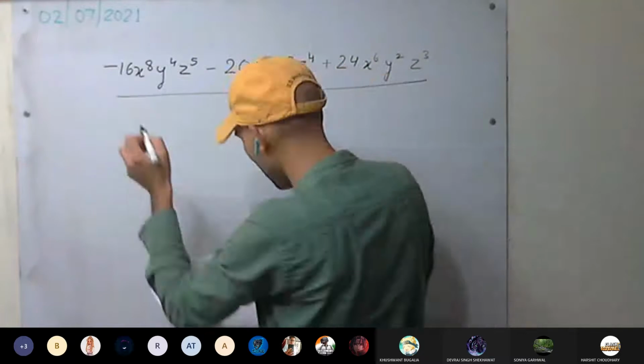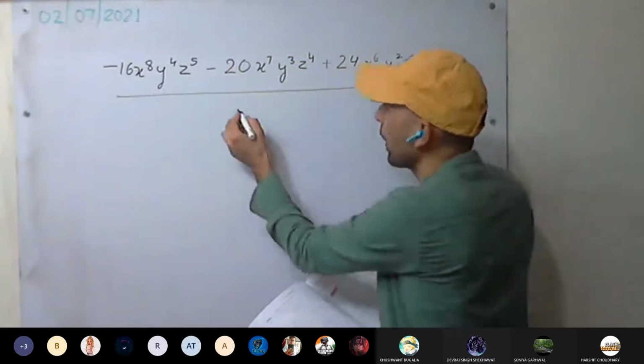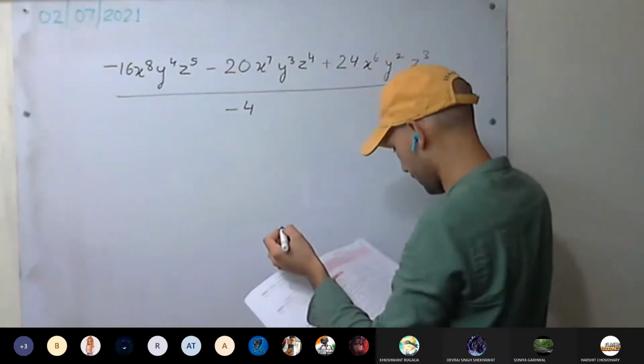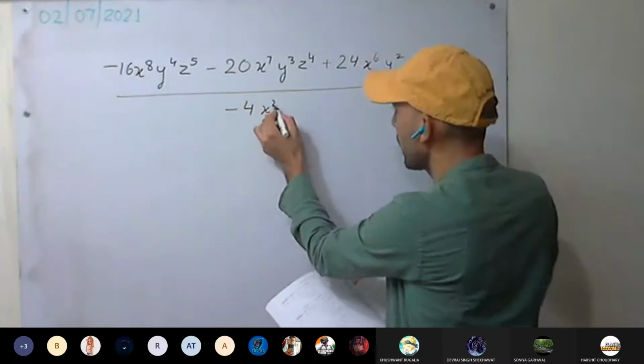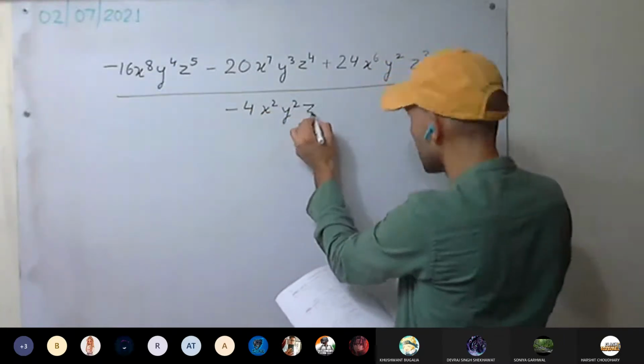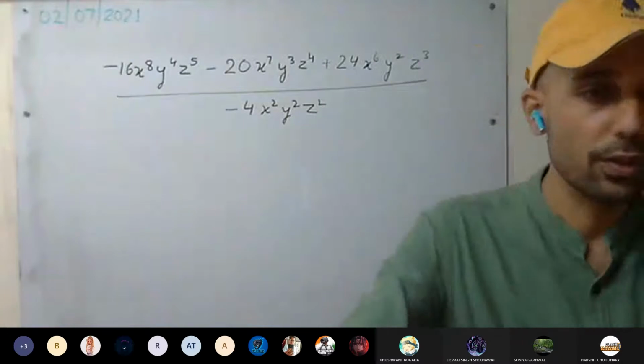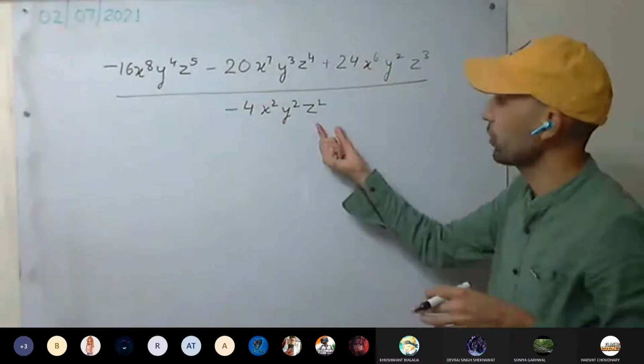This is being divided by minus 4 x square, y square, z square. This you understood? This whole is divided by 4.